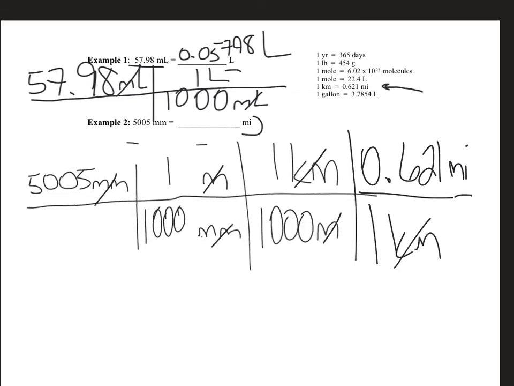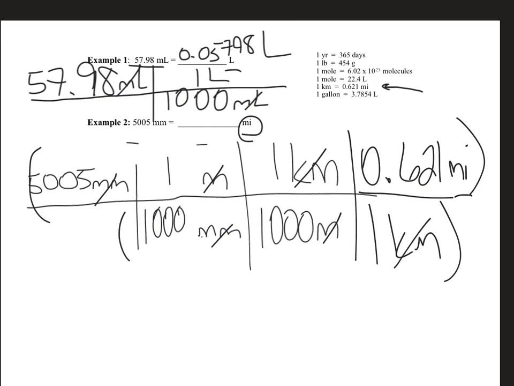If I look back at the problem, the only unit I wanted at the end was miles, so now it's time to do math. Everything on top gets multiplied together: 5,005 times 1 times 1 times 0.621, divided by everything on the bottom multiplied together.